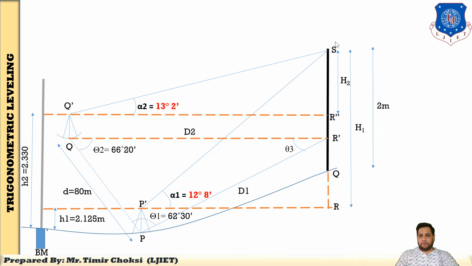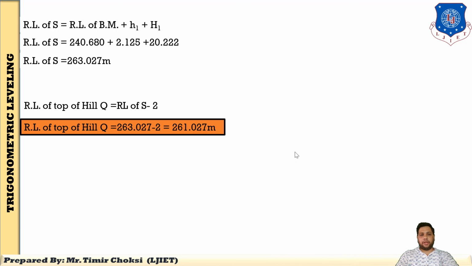So RL of Q equals RL of S minus 2. So the answer will be 261.027 meter.